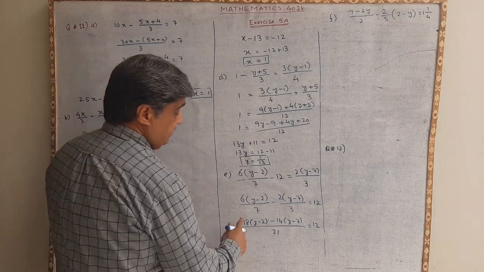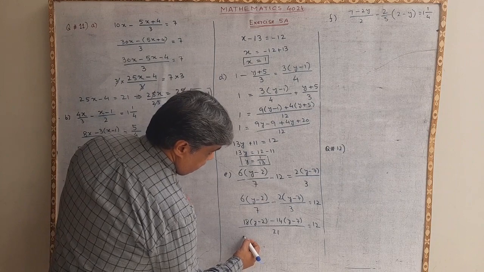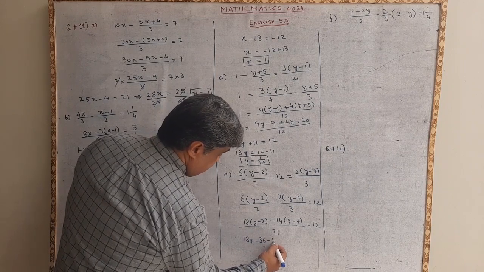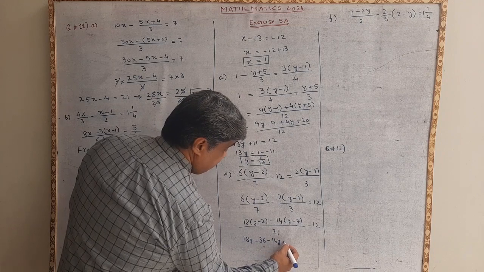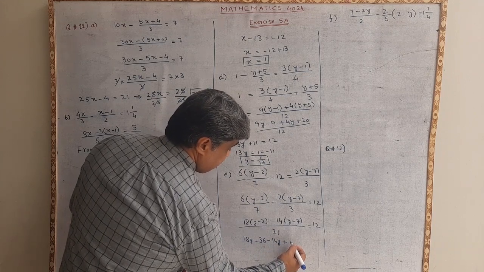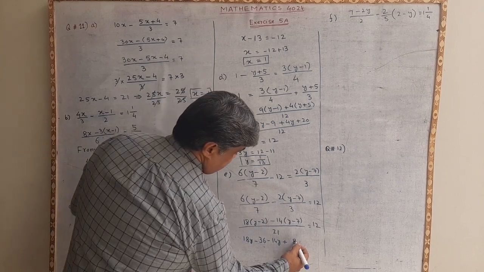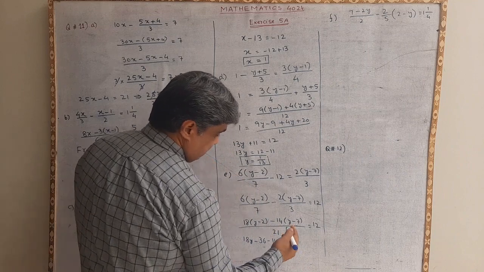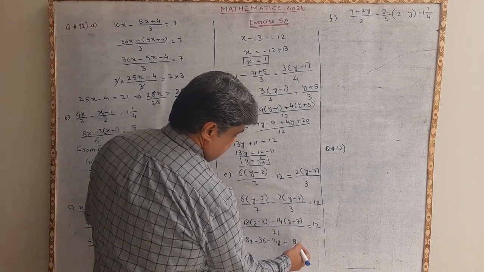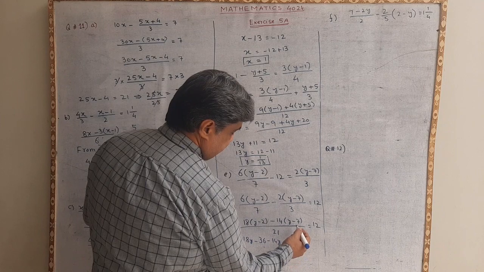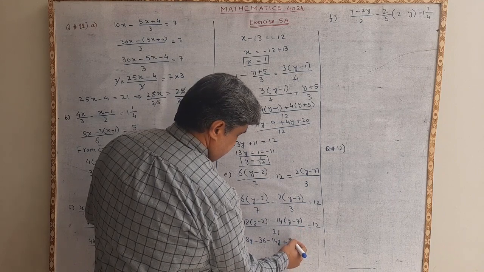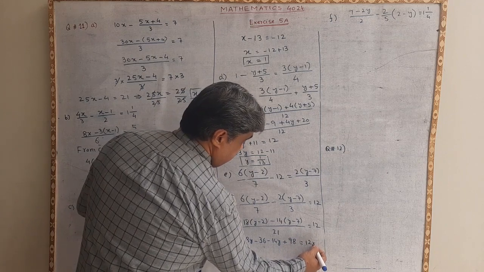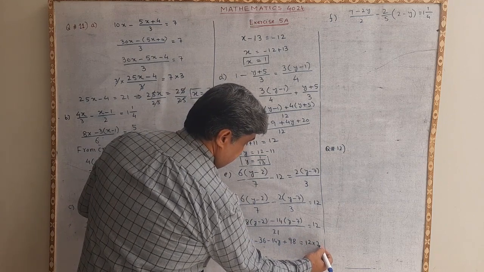Ladies and gentlemen, this will come out to be 18y minus 36 minus 14y plus 98, and then 12 multiplied by 21.